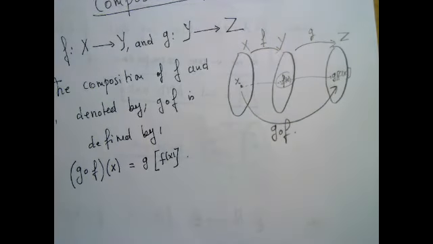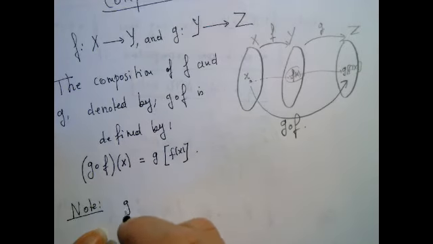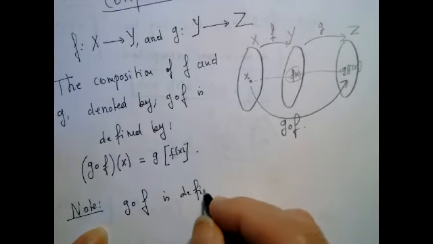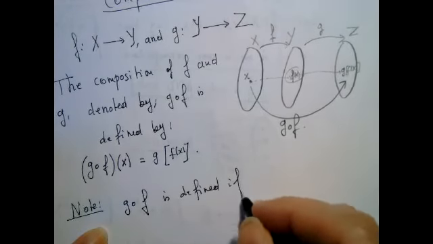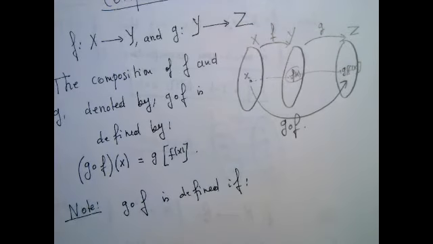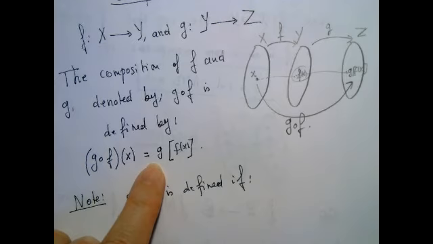Now, one important note when we talk about composition, which is the following. For the composition to be defined, so let's note, g composed with f is defined if there should be a condition. We cannot just always talk about g composed with f. Under what condition is g composed with f defined? Let's see how we define it.